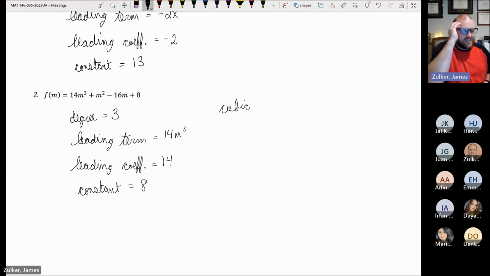And so degree 2 is a quadratic. Degree 3 is called a cubic. I don't know how they came up with these names.